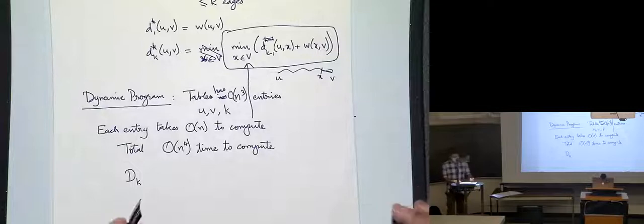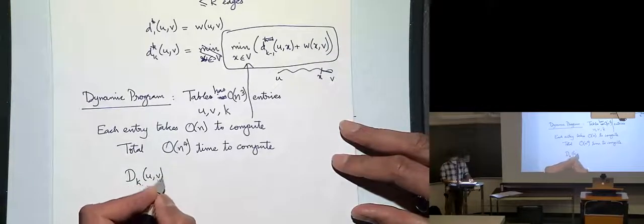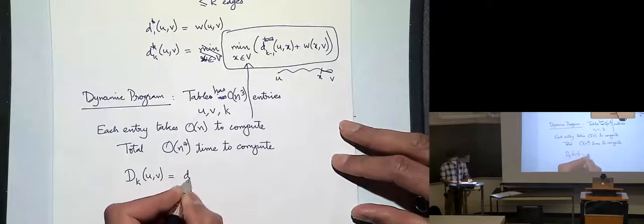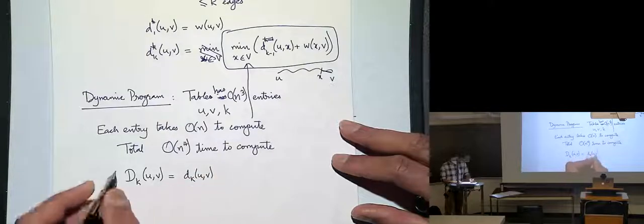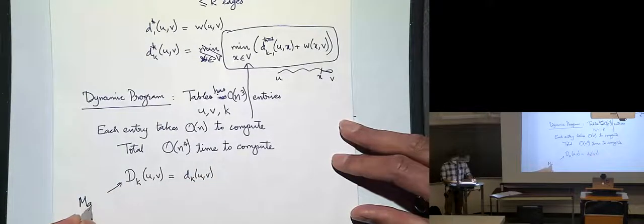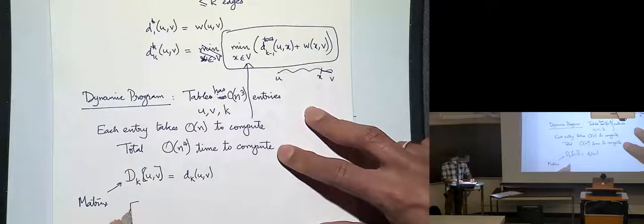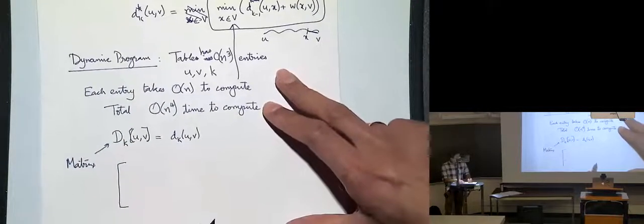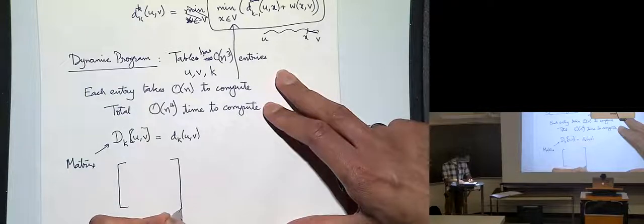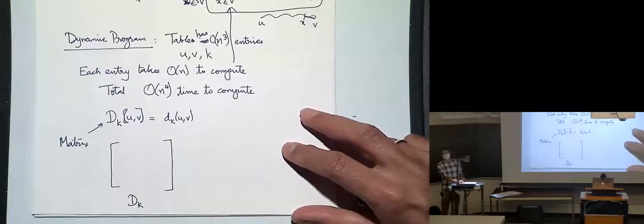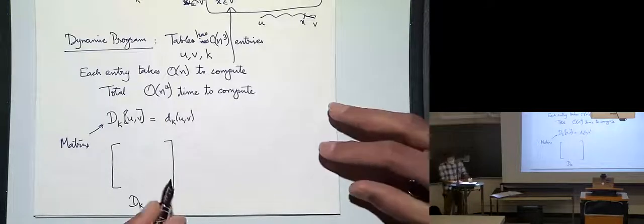So what is d_k? d_k of uv is simply this, right? So this is, I'm thinking of as a matrix. Maybe you want to put it this way. So this is d_k here. Okay, this is d_k. All right?